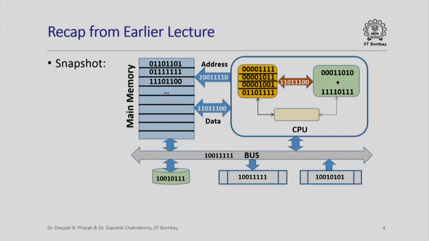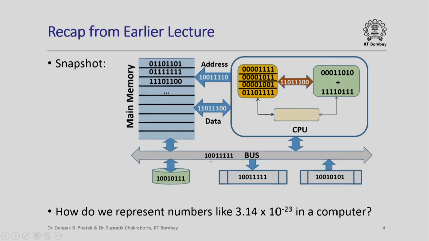Now this is a picture that we have seen earlier. This is the basic structure of our simple computer with different parts, and at any snapshot of operation of this computer you will see sequences of zeros and ones everywhere. So what we want to ask is, how do we represent numbers like 3.14 or 10 raised to minus 23 in a computer using sequences of zeros and ones.